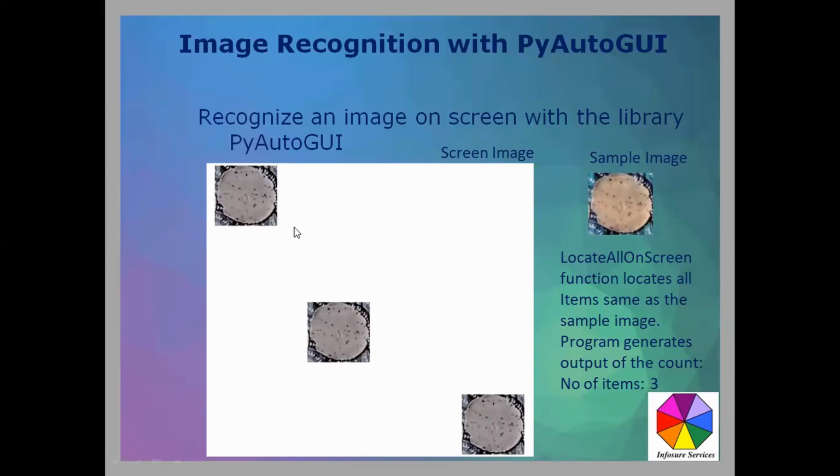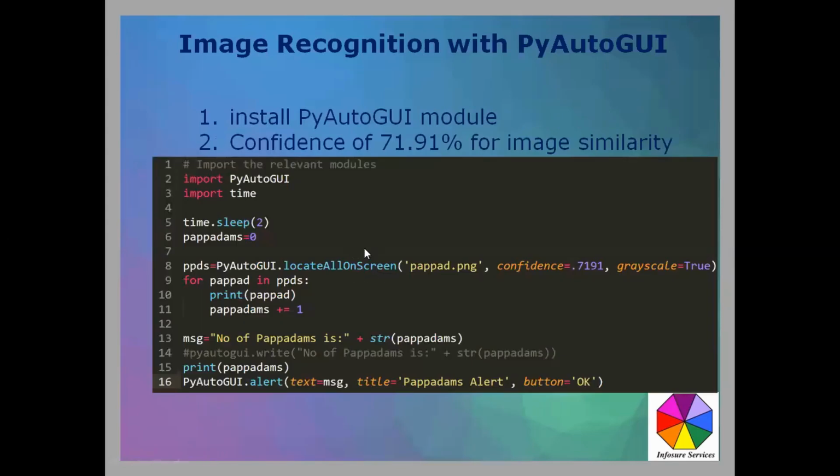So I've put the grayscale images here to make my target image. But in your target image, you could take a bigger, real one and feed it to the program. Here the sample and the target images are exactly the same, but in real life, you could have a slight variation, right? So that variation is what we are setting.